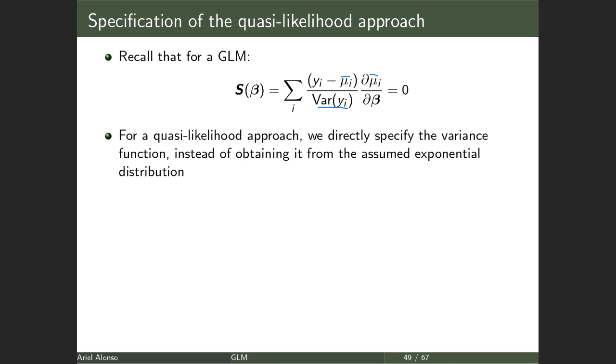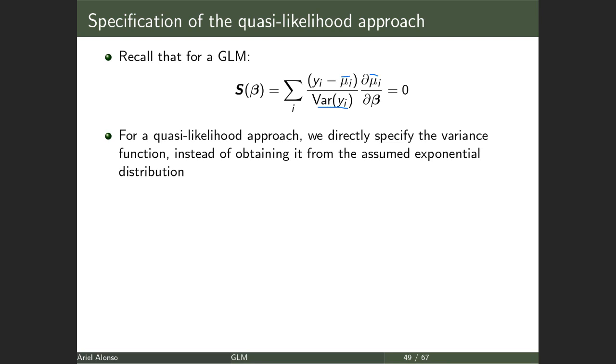That's it. So the only information of the distribution that the score function uses is the variance and the mean. You don't use the kurtosis, you don't use the skewness, you don't use any other property of the distribution. The score function, which is what you use to estimate beta, only depends on mu and the variance.